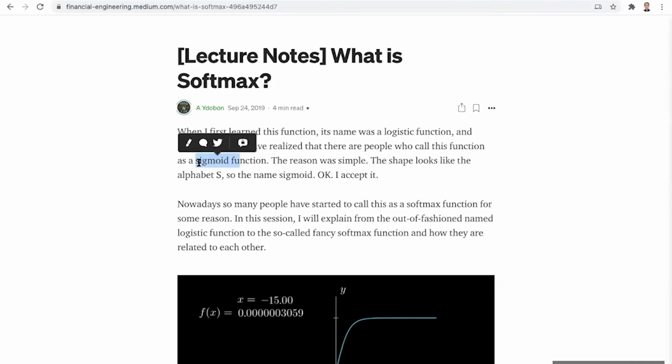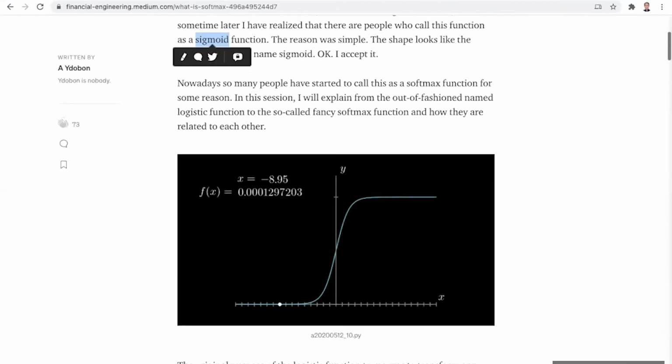The reason they call it sigmoid is that it looks like the letter S. But for me, it's still a logistic function.